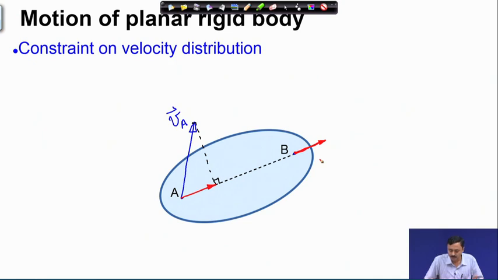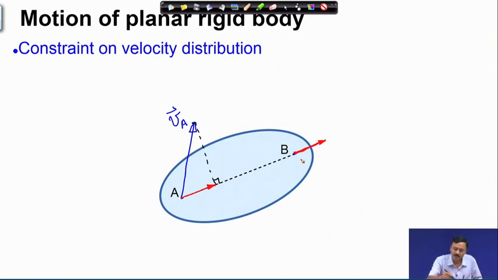Now, why this requirement? Because this body is a rigid body, therefore, distance between A and B cannot change. So, the relative velocity in this direction AB must be 0. The relative velocity V A relative to B in the direction of AB must be 0, because the distance AB must remain fixed. Therefore, if A has a velocity of this red vector along B, then B must also have this same vector along AB.